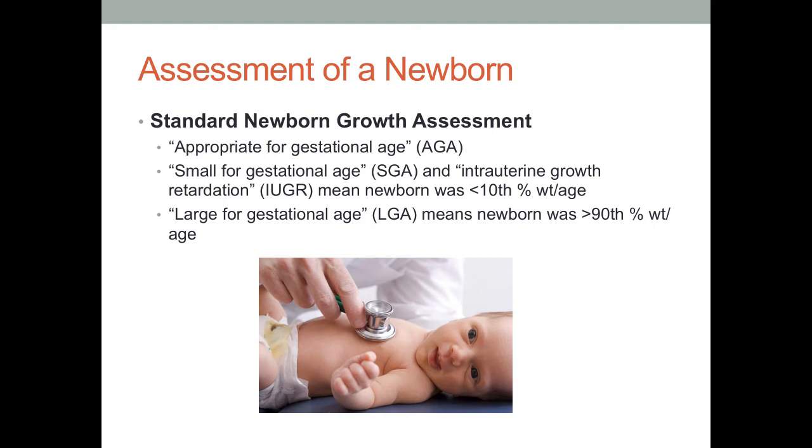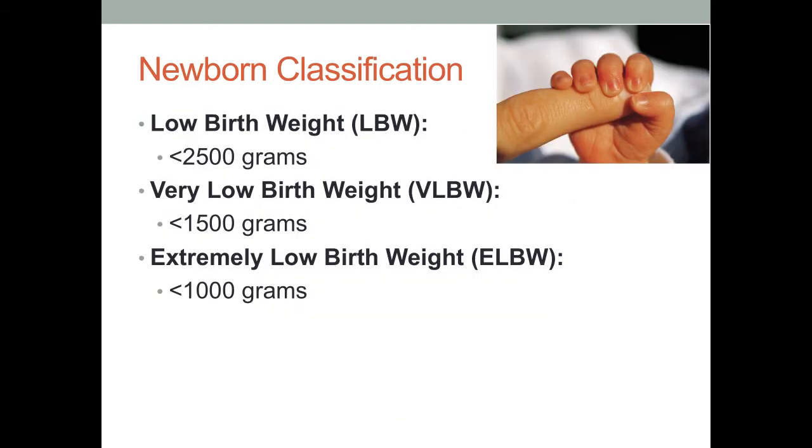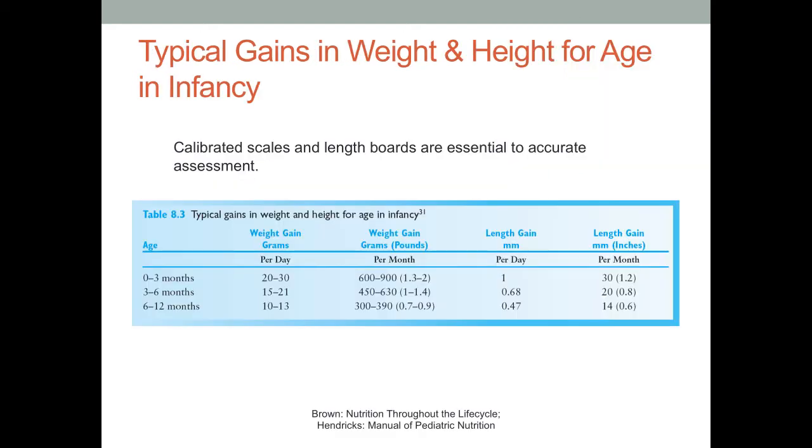And if they're large, it means they're greater than the 90th. You can also classify them, rather than classifying them on the growth chart, just by their weight alone. So if they're low birth weight, that's less than 2,500 grams, very low, less than 1,500, and extremely low birth weight, less than 1,000.